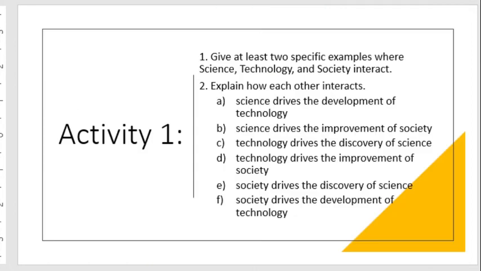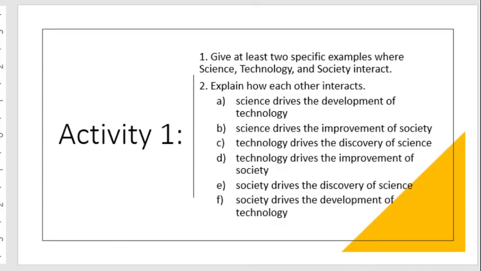For your activity 1, give at least 2 specific examples wherein science, technology, and society interact and explain how each interacts. So letter A, science drives the development of technology. These are the relationships. B, science to society. C, technology to science. D, technology to society. E, society to science.